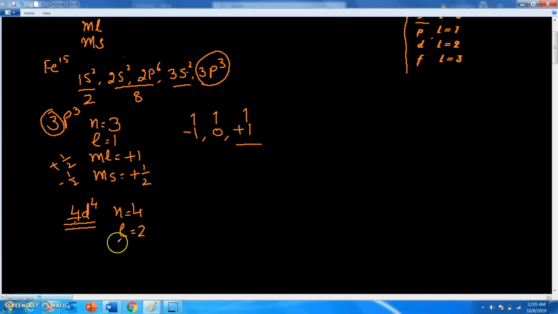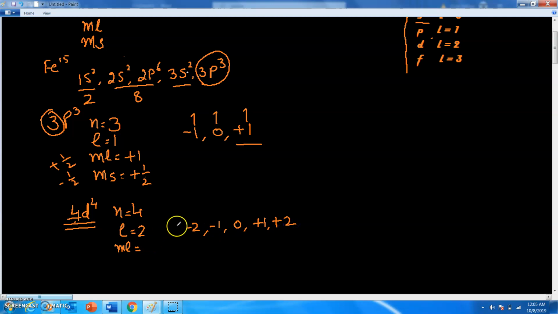Next comes ML. How to write ML? If L is equal to 2, then we will write -2, -1, 0, +1 and +2.